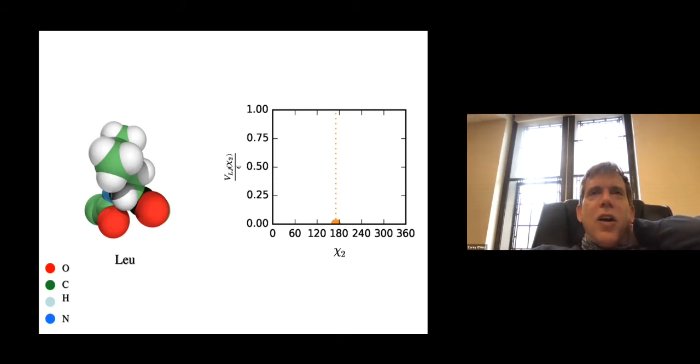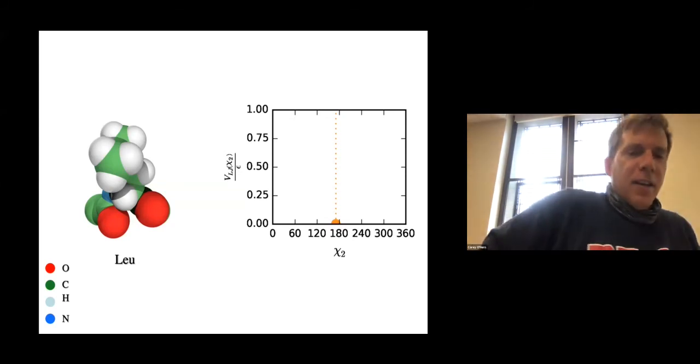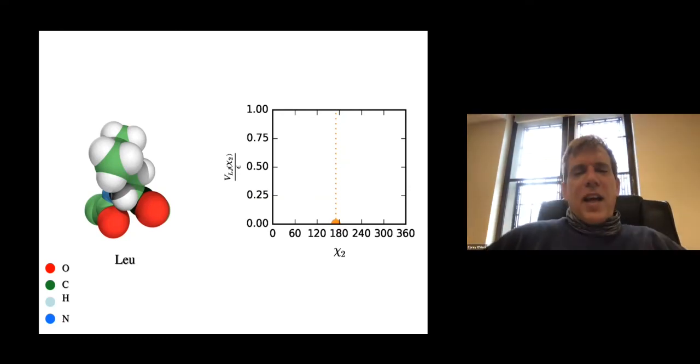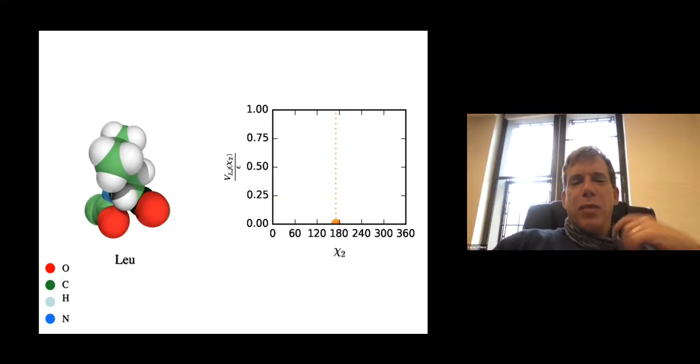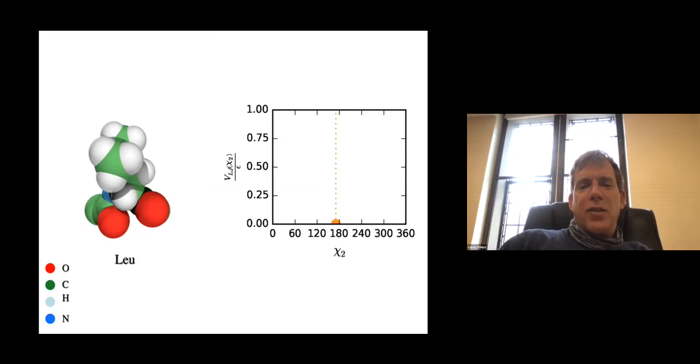So INTRA. Intra meaning, are there overlaps between non-bonded atoms that exist within this leucine dipeptide? That would be the analogous Ramachandran question: if I isolate this dipeptide, do I have overlaps at certain specific values of Chi1 and Chi2?